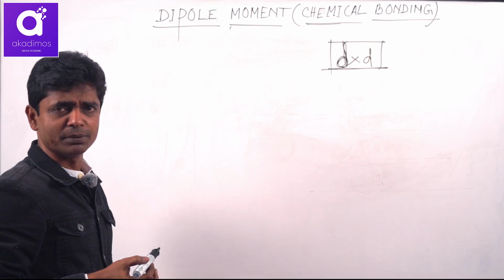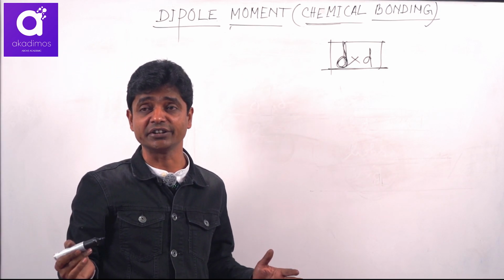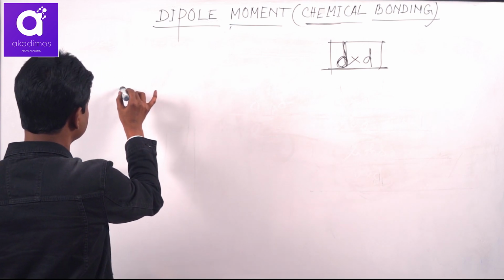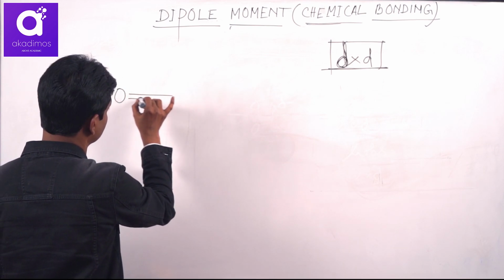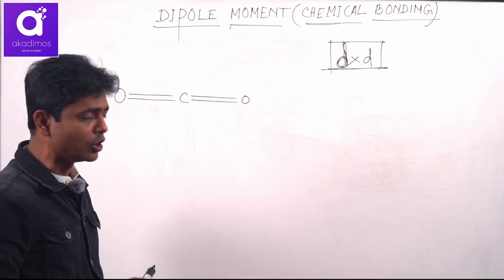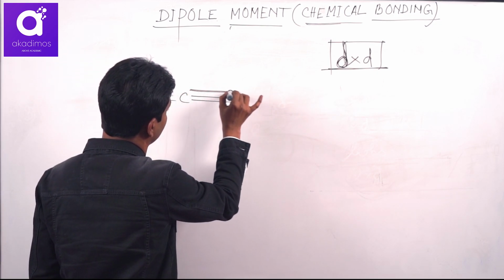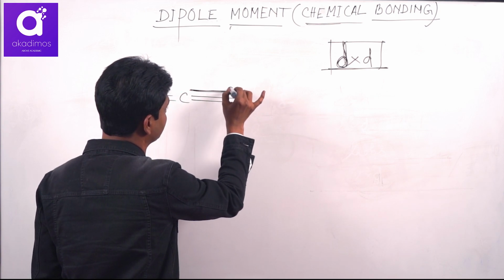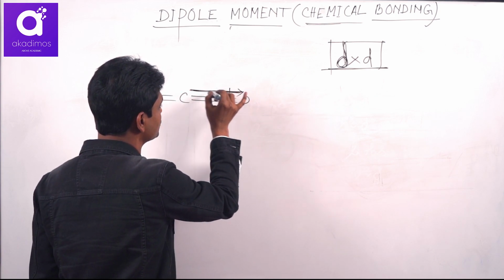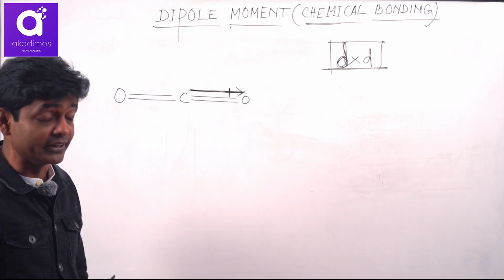Now I will apply this to molecules. If I draw a simple molecule, carbon dioxide. See, the carbon dioxide structure, shape, you know, is linear. And you know the bond moment direction is always from electron deficient to electron rich, that I told you, the dipole moment with respect to the positive electric field.